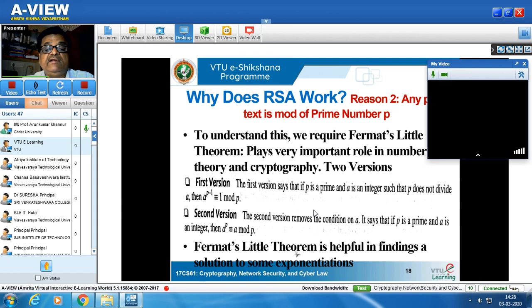Fermat's little theorem plays a very important role in number theory and cryptography. It has 2 versions.